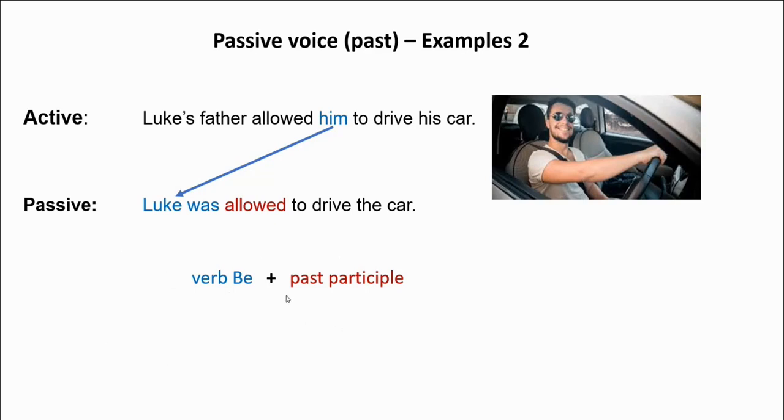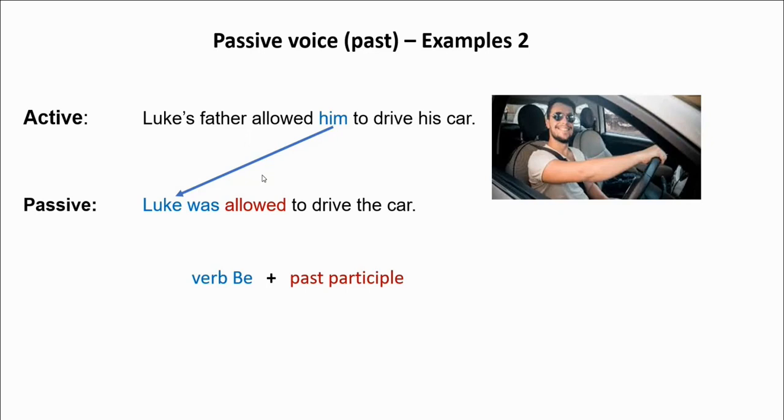Verb be followed by the past participle. All right? So we have used allowed because it is a regular verb. It's an easy verb. It's regular and it's easy because the past participle is the same as the past simple.